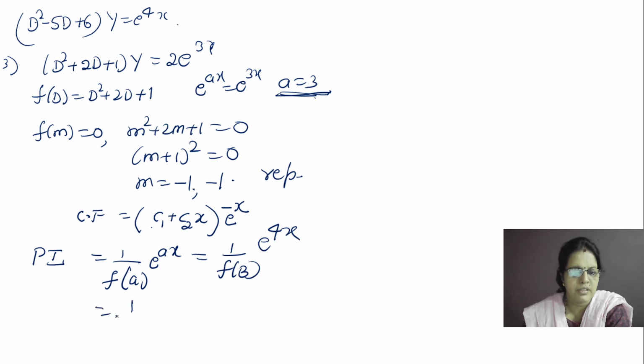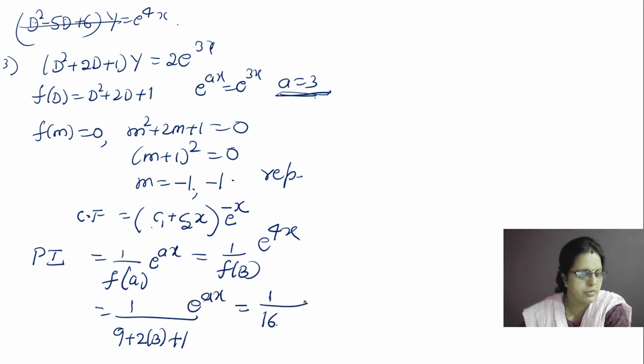So put d equal to 3. So 3 square 9 minus 5 into 3 15. Not this one, sorry, it is this equation. So that is d square, 3 square 9 plus 2 into 3 plus 1 into e power ax, which simplifies to 1 by 16 into e power ax.